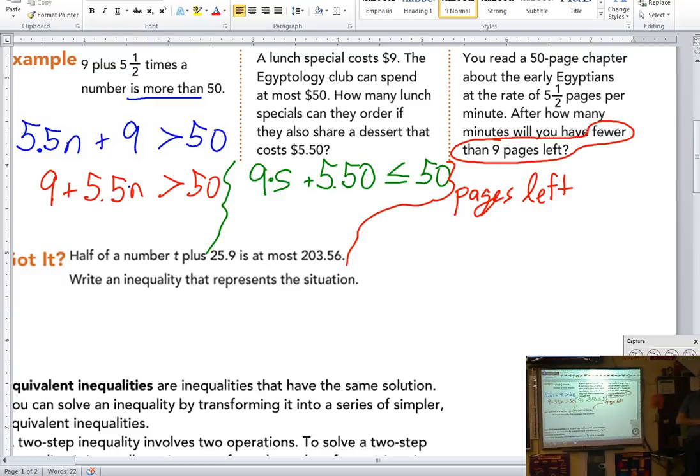So, Anish, what it tells me is something about pages left. What do I want with pages left? Yeah, I want fewer than 9 pages left. So the pages left, I need to be less than 9. Now, how do I know how many pages I have remaining?